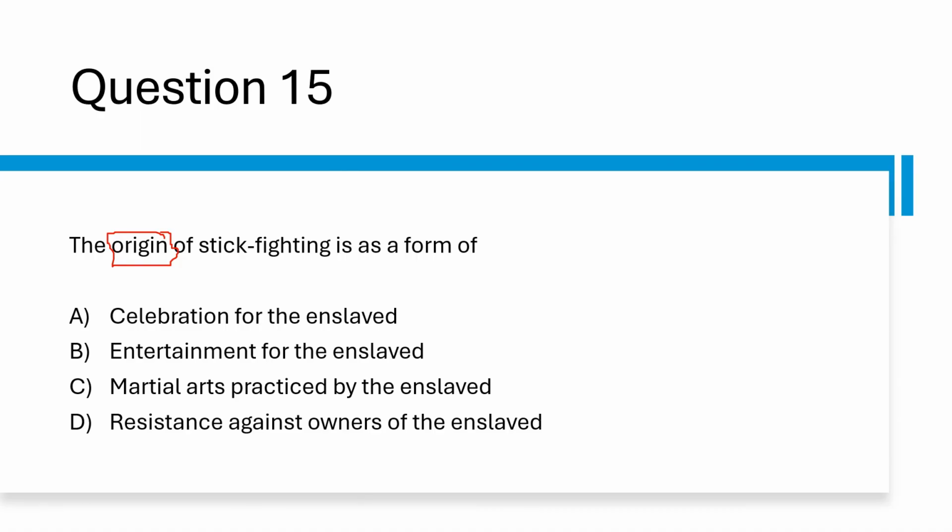It eventually became that when the enslaved were taken to the Caribbean and they had to live and find a way to preserve their own identity and also fight for their own freedom. And so the most likely answer here would be C, a form of martial arts practiced by the enslaved, because that's what they used to do before they were brought to the Caribbean.